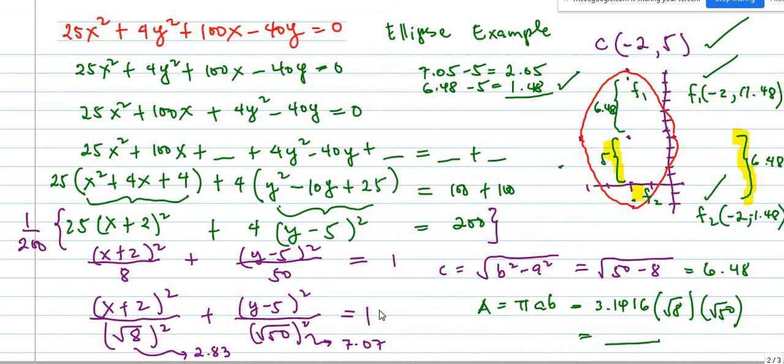So, sa drawing natin, nasa 12, ito po ay 12 plus. Ay, 11.40. Hindi, focus yan. Ito yung 12 and then 2 plus. Yan yung ellipse natin. Pero take note dito sa GeoGebra, hindi makikita yung foci. So, kailangan i-compute nyo yung foci. Okay? So, yan po ang magiging solution.